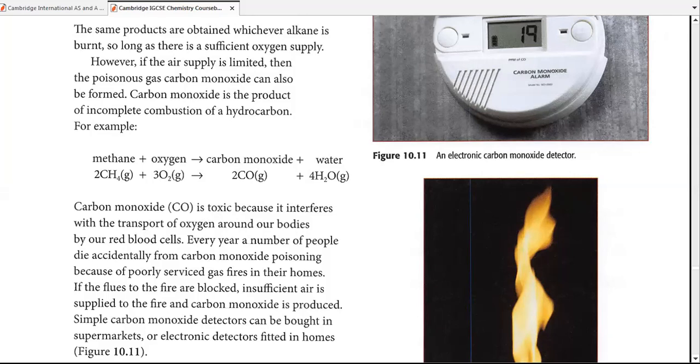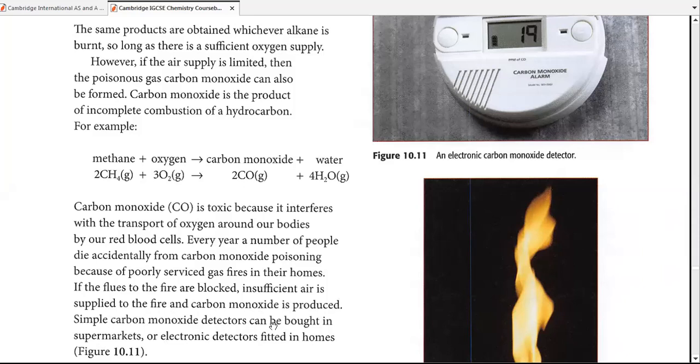Let me revise and let me clarify a little bit. Every year, a number of people die accidentally from carbon monoxide poisoning because of poorly serviced gas fires in their home. If the flues to the fire are blocked, insufficient air is supplied to the fire and carbon monoxide is produced.